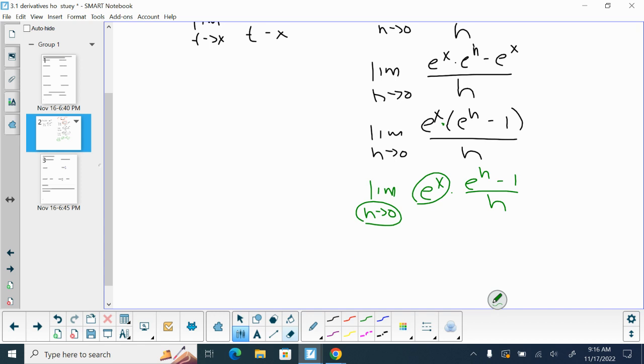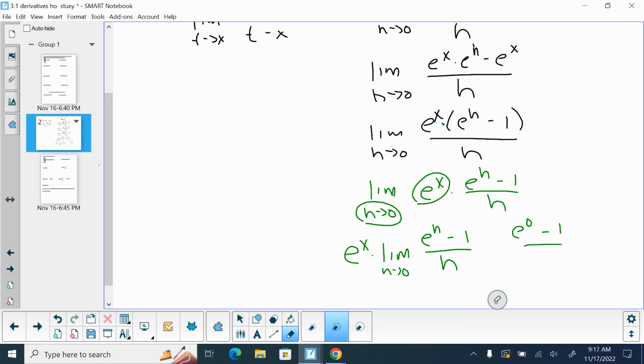So what we're able to do with this is bring the e to the x up front, because my goal when we're dealing with limits is to put 0 in for h. Well, if I put 0 in for h still, I get e to the 0 minus 1 over 0, which still gives me 1 minus 1 over 0, 0 over 0. Really doesn't help us too much.